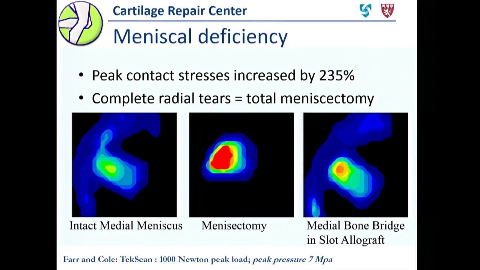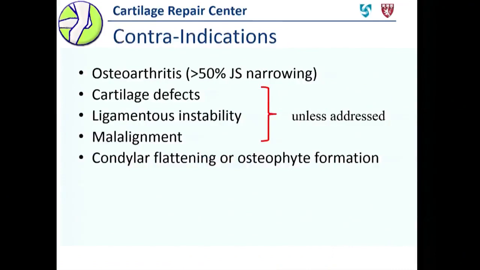If you have a meniscectomy, now all the force gets transmitted just through that cartilage-to-cartilage contact right in the center. There's nothing being transferred through the meniscus itself. And then if you do a medial meniscus transplant, that stress comes back down, not quite back to normal, but Brian and Jack had shown this a long time ago. You can reduce it to almost normal levels.